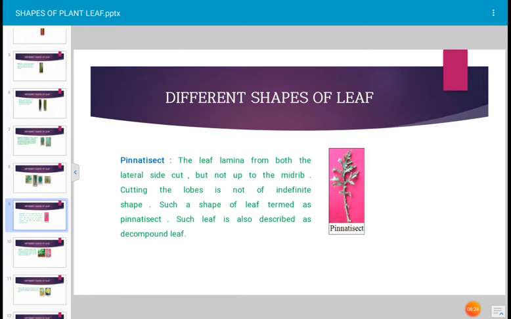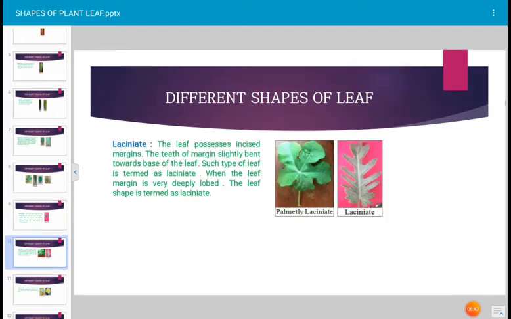Such a leaf is also described as a decompound leaf, because the marginal cutting is indefinite, it is not regular, and such a shape is also described as a decompound leaf or pinnatisect leaf.